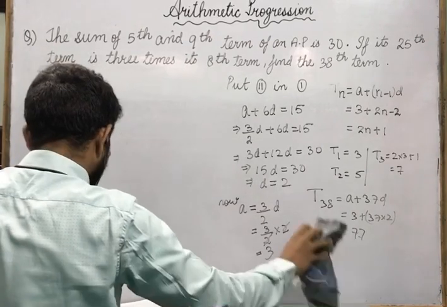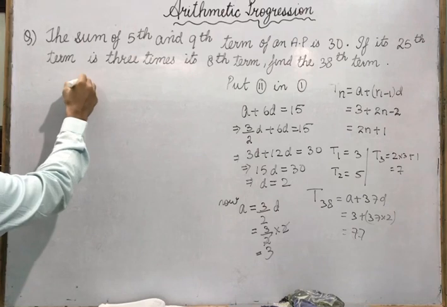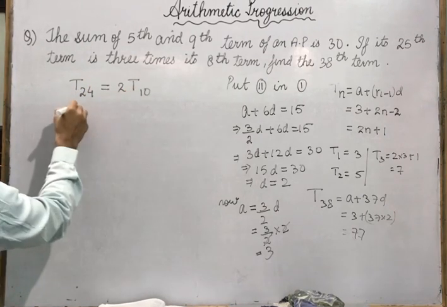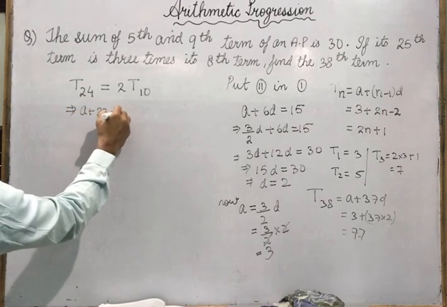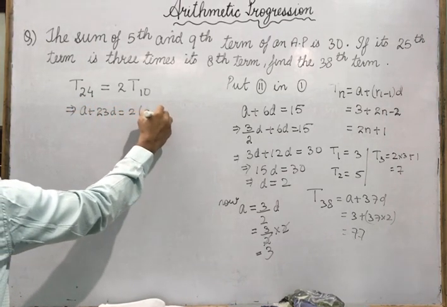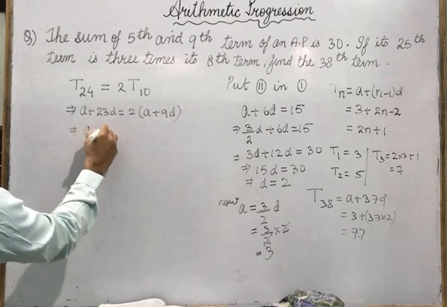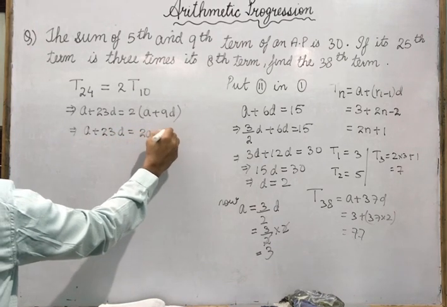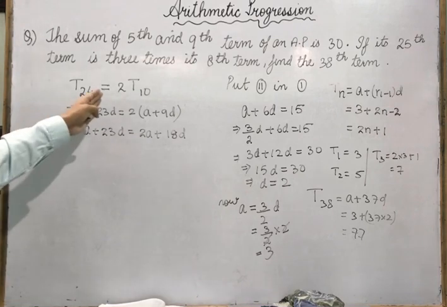Look here. The 24th term of an AP is twice its 10th term. So T24 equals twice the 10th term.